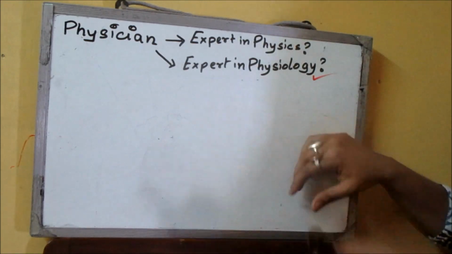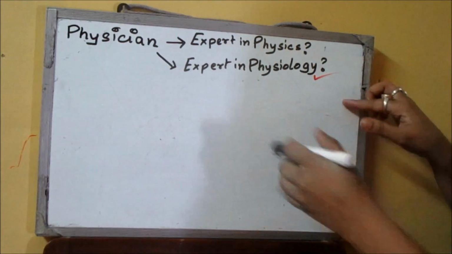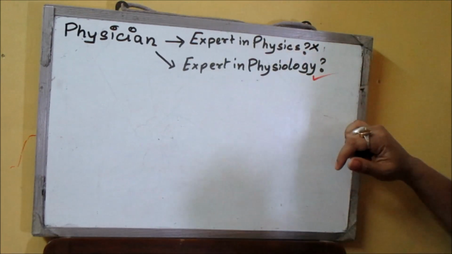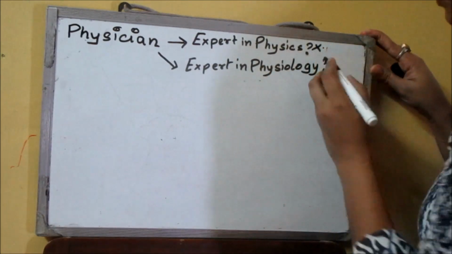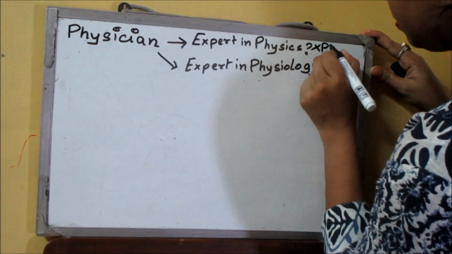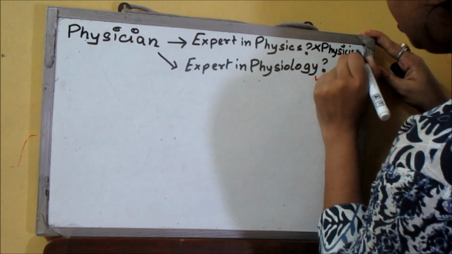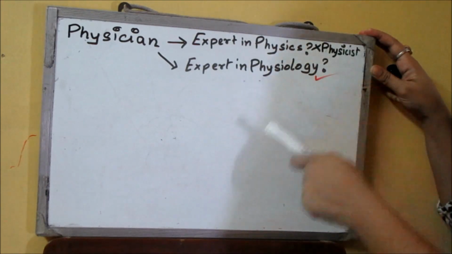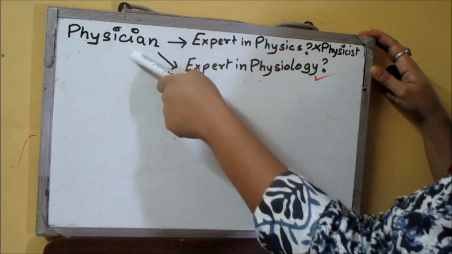Right? An expert in physiology is a physician. A physician is not an expert of physics. The expert of physics is a physicist, and an expert of physiology is a physician.